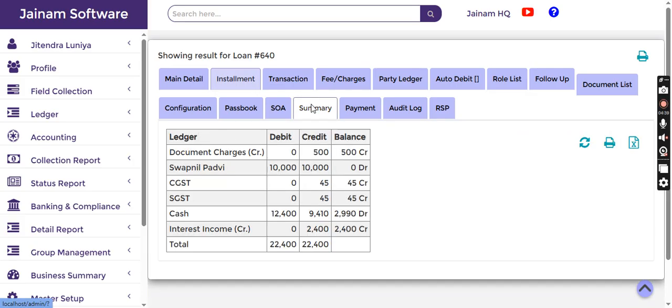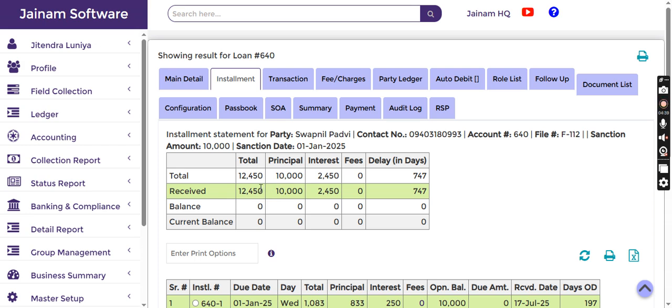Go to the summary tab. The principal, that means the customer name, the debit, when we disburse the amount, the debit amount is this. When we receive the full principal, then this is the credit amount. Now the second part to check, so there is no difference of principal.